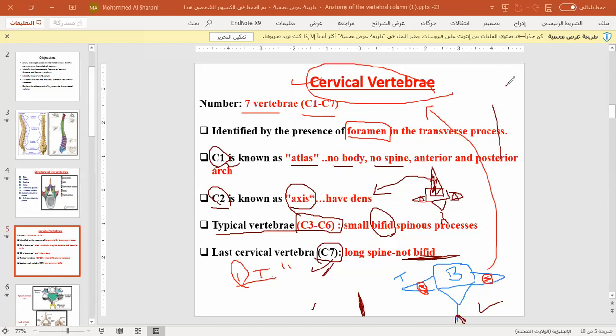But what else? Superior articular process here, and inferior articular process, and this transverse process with a foramen transversarium, a foramen in the transverse process, and they are united together by the anterior arch and the posterior arch, in a ring shape.